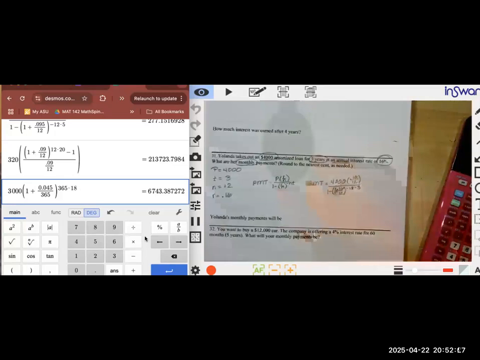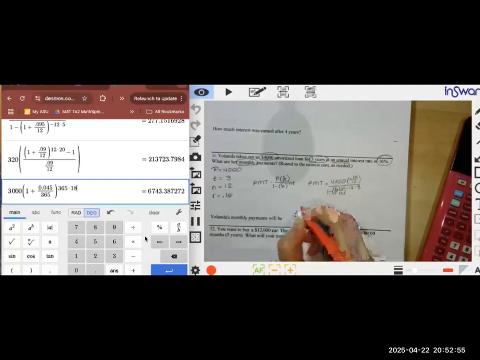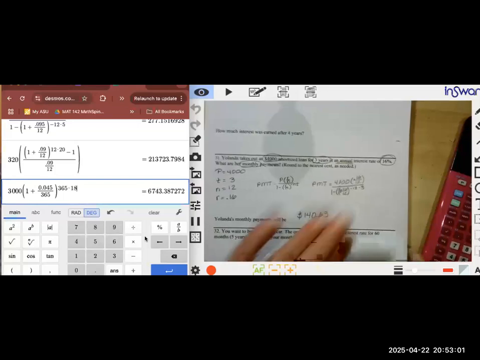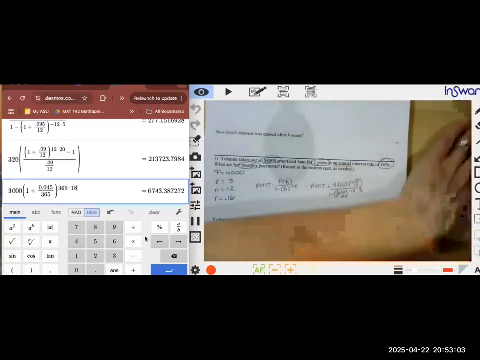Are you guys plugging this one in? Does anyone have an answer on it yet? Not yet. 140.63. Did you work it out ahead of time? No, just now. Was it right?